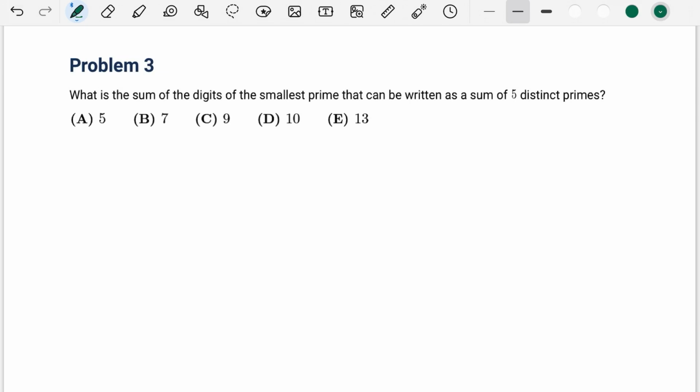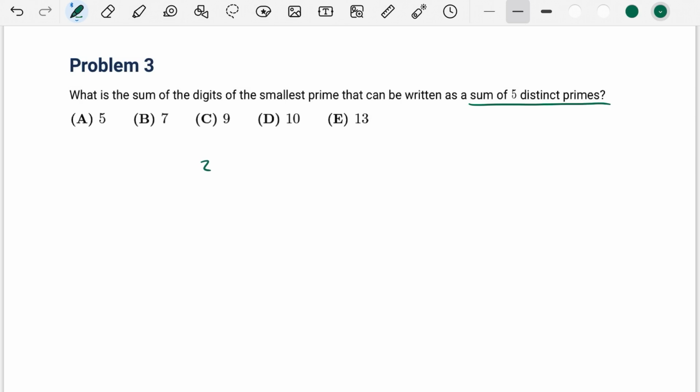Problem 3. What is the sum of the digits of the smallest prime that can be written as a sum of 5 distinct primes? So since we're summing 5 distinct primes, if we had 2 as one of our primes, we know 2 is the only even prime, so all the other primes have to be odd.